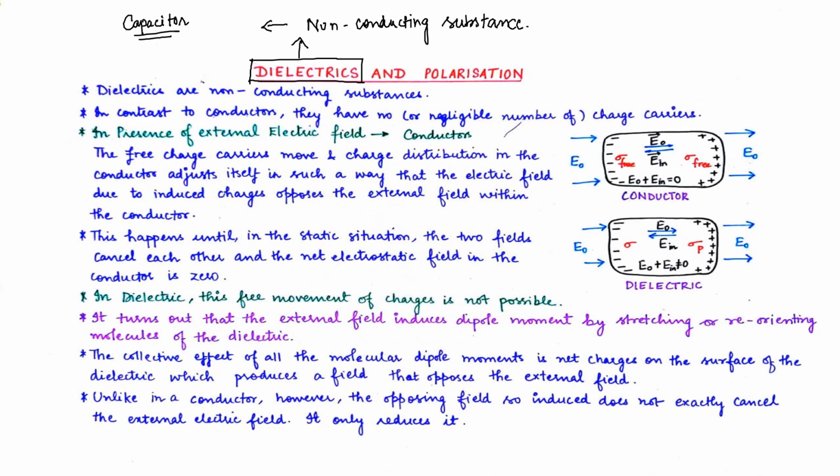The second thing we will read is polarization. Polarization is a phenomenon in which we aim at making something polarized. Polarized implies just segregating the positive charge and the negative charge. We are trying to segregate them.